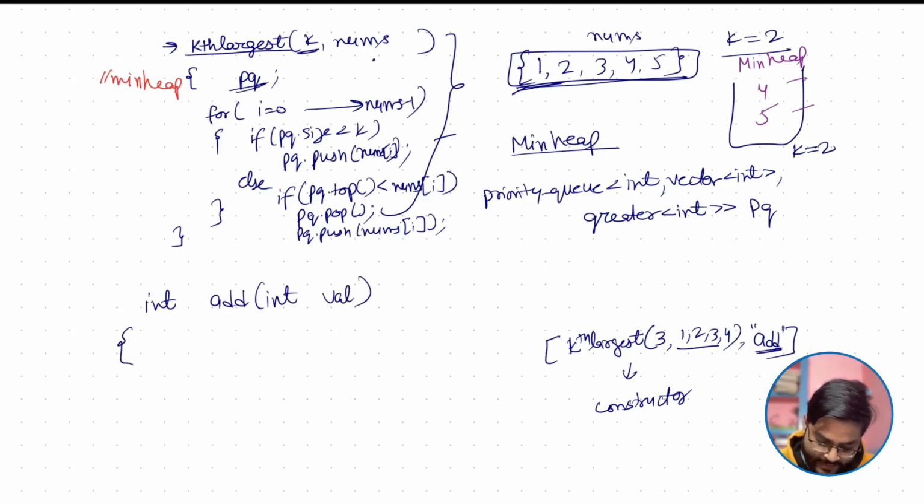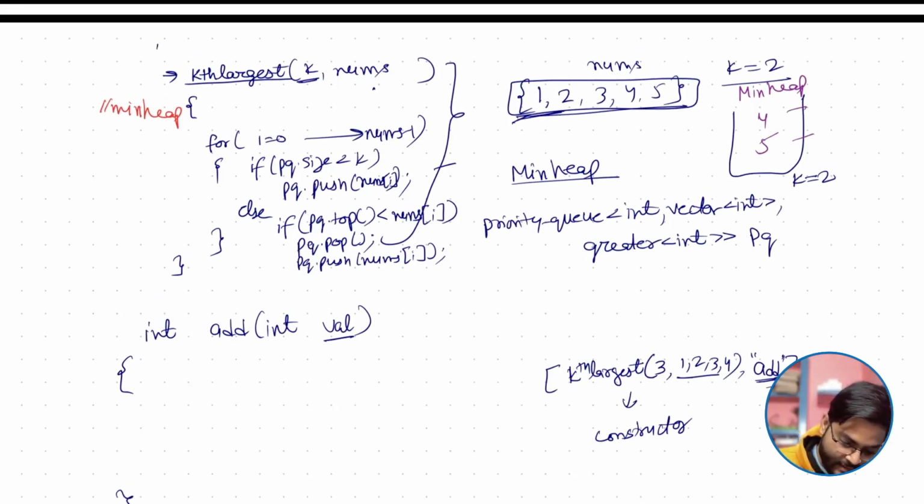The add function will be the same as our kth largest logic: we take this value and compare it instead of nums of I. But we have declared the priority queue inside our kth largest, so it is not accessible to this function. So I will declare this priority queue outside my kth largest. Let me declare it here only, and let me write the whole code.